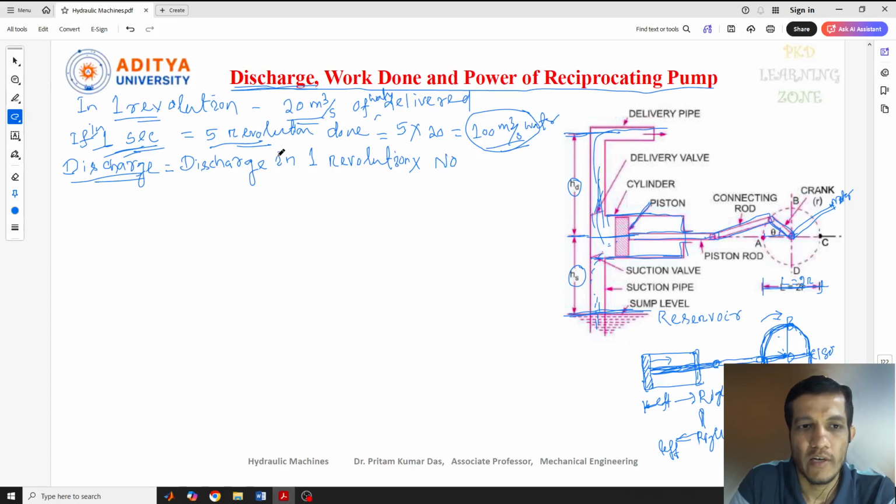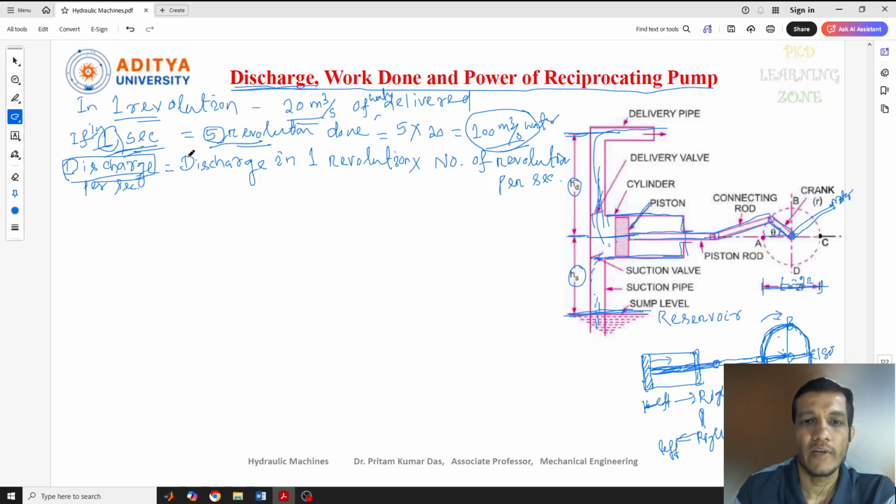Here the number of revolutions is 5, I have taken just as one example, in 1 second. So here also we can write into the number of revolutions per second. These things will give us the value of discharge of the pump per second. Discharge per second, let me write per second.